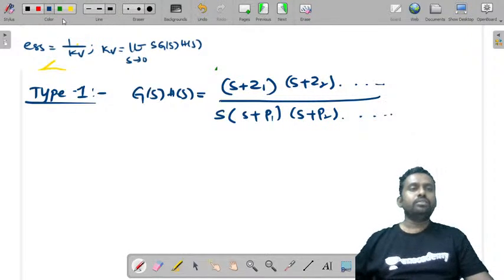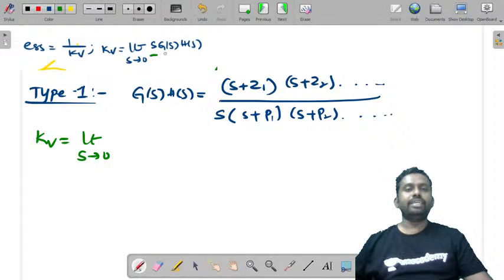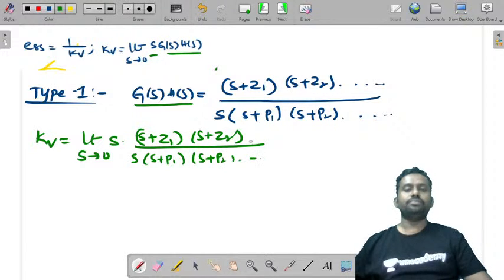Now let's find the kv value. kv is equal to limit s tends to 0, s into g of s into h of s. So s into, what is g of s into h of s, that is s plus z1 into s plus z2 by s into s plus p1 into s plus p2 and so on.